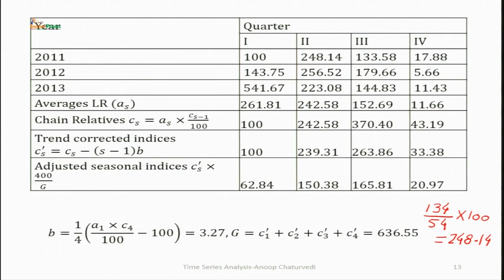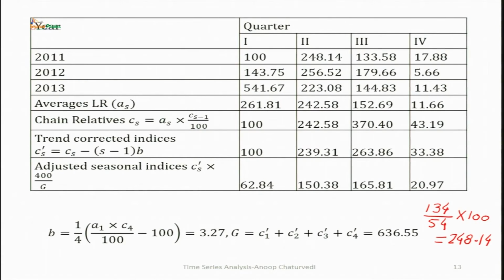Then we calculate the value of B, which provides you the correction for the trend using the corresponding formula, and we calculate the trend corrected indices. So, this row actually gives you the trend corrected indices.